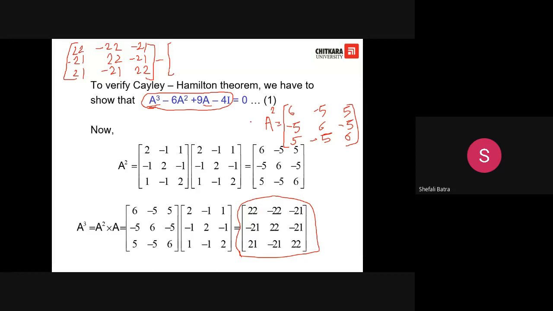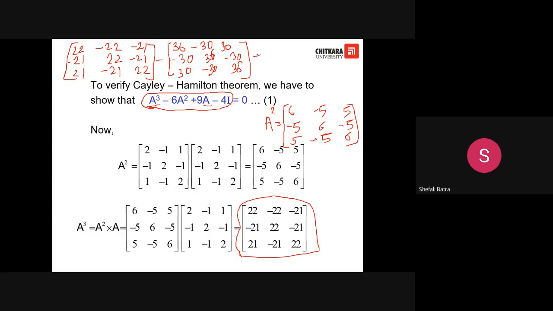Minus 6 times A square. So you will be multiplying with this 6: 36, minus 30, plus 30; minus 30, plus 30, minus 30; plus 30, minus 30, plus 36. This is also 36. 6, 6, 6, 36, 36, 36, and then negative 30, plus 30, minus 30, minus 30, plus 30, minus 30.